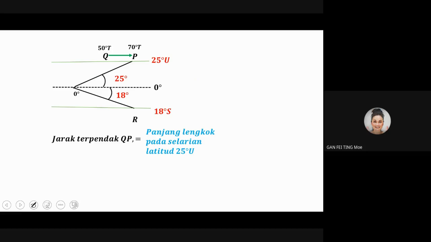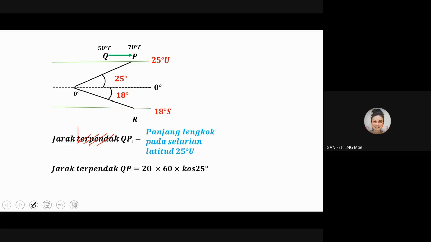Okay, it is the panjang lengkuk. Actually, it's not the jarak terpendek, the distance PQ is the panjang lengkuk on the latitude of 25 degrees north. So the difference of angle is 20. 70 minus 50 is 20, times 60.